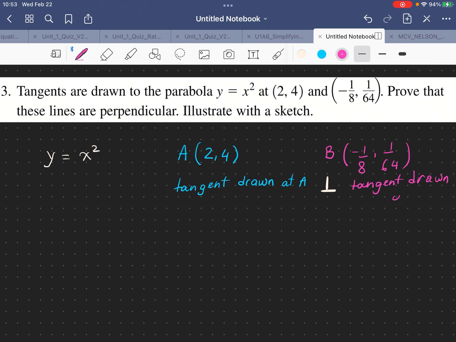That's the first question that we need to think of. Two straight lines are perpendicular if their slopes are negative reciprocals of each other.